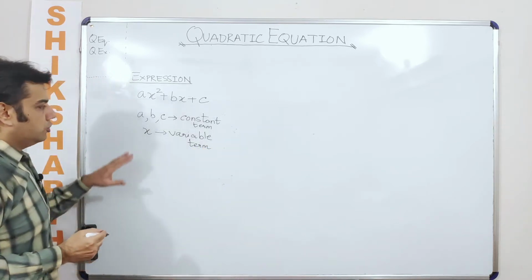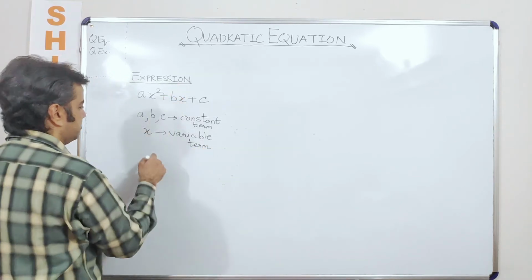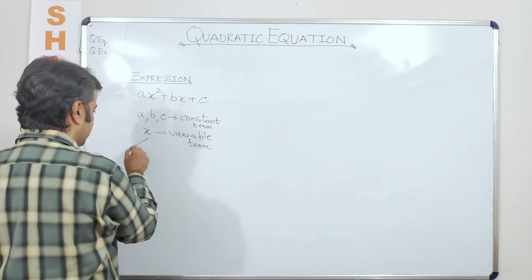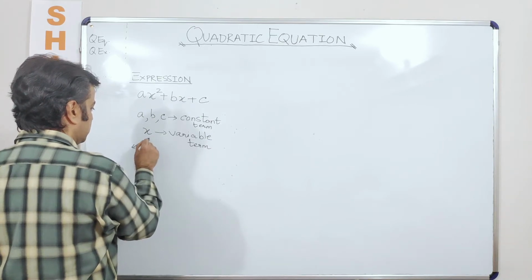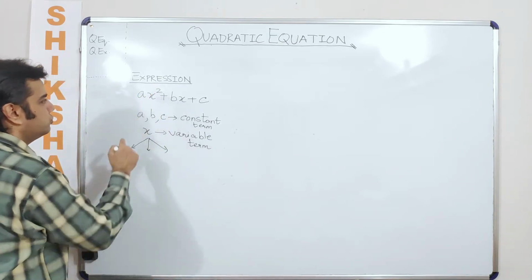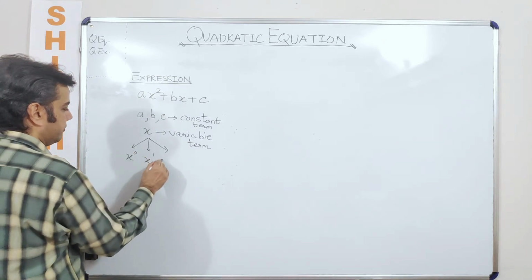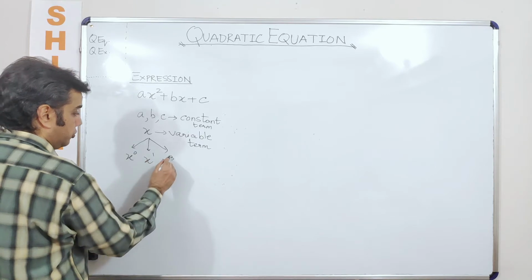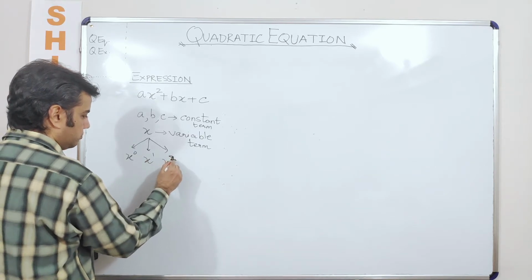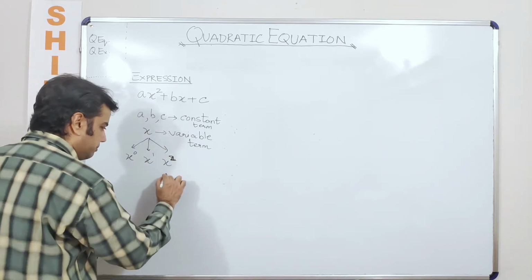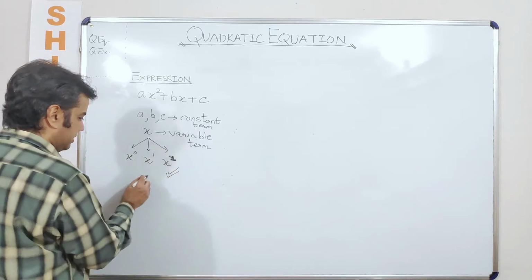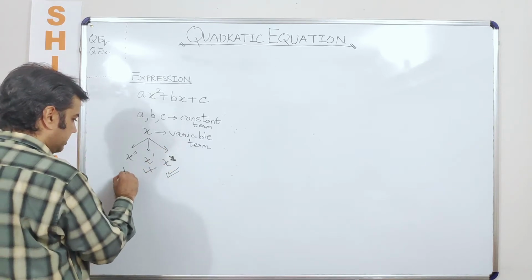Having said this, let's take it to a next level. How many powers of X are used in a quadratic expression? X to the power 0, X to the power 1 and X to the power 2, wherein X to the power 2 should always be there. These may or may not be there.